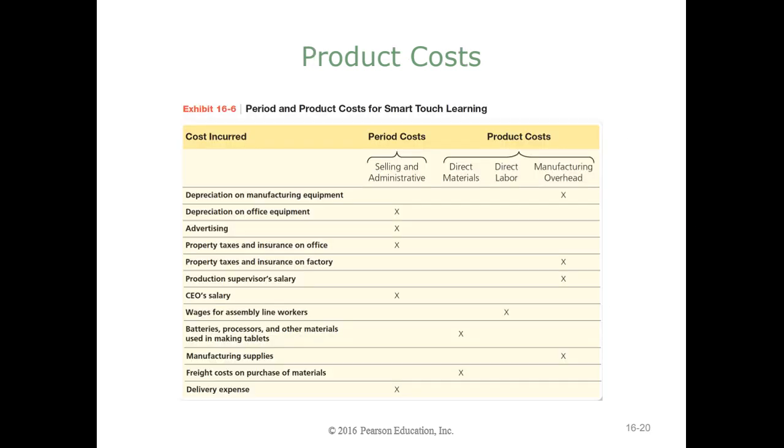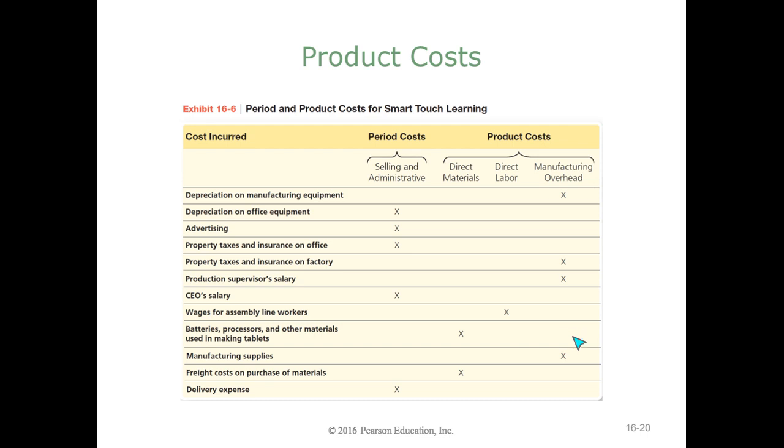All right, so for number 12, if we look right here on this slide, we've got some period cost examples. All these are period cost. And then we've got product cost examples here, and it lists out direct materials, direct labor, manufacturing overhead. So when we're talking about wages of the office receptionist, it is period cost.